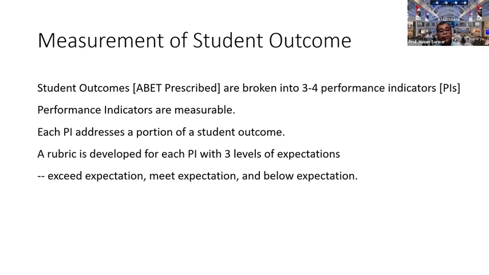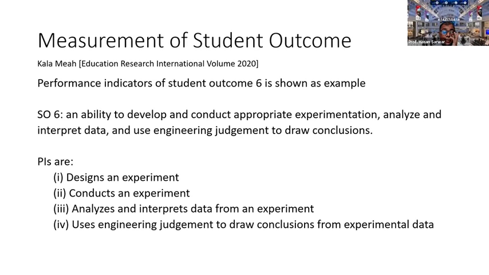And a rubric is developed for each performance indicator with 3 levels of expectations: exceed expectation, meet expectation, and below expectation. So there are 3 levels for the outcomes, and the performance indicators are developed from the student outcomes that have been mentioned in ABET.